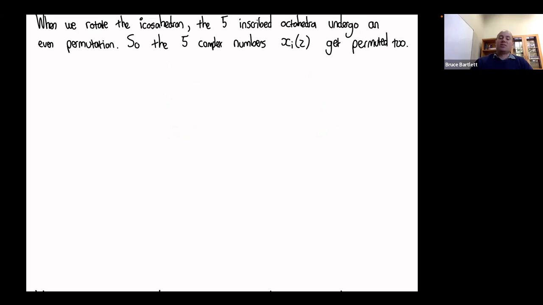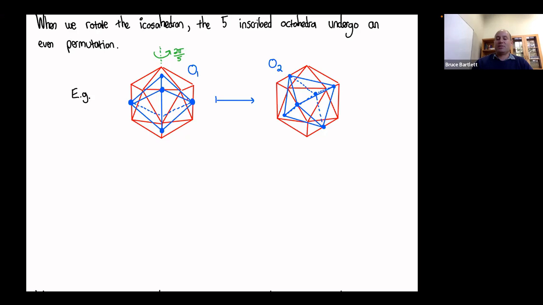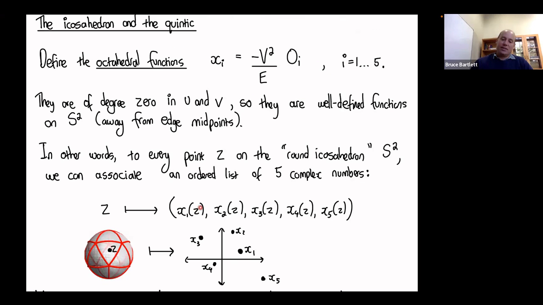All right. So that means that the 5 complex numbers are going to get permuted because the 5 octahedral functions are going to get permuted, right? Each of these functions is going to get permuted because the octahedra themselves are getting permuted.